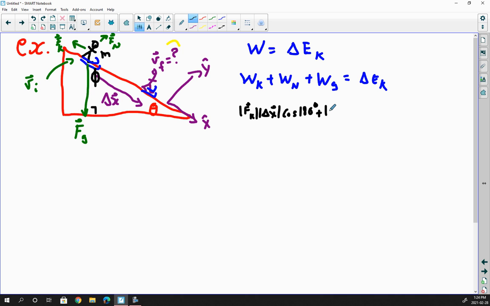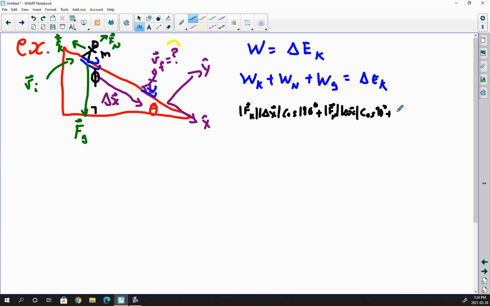Plus, if we want to find the work done by the normal force, it's normal force magnitude, displacement magnitude, times the cos of the angle between them. Well, displacement is down the hill, and normal force is perpendicular to being down the hill, so that's the cosine of 90 degrees.